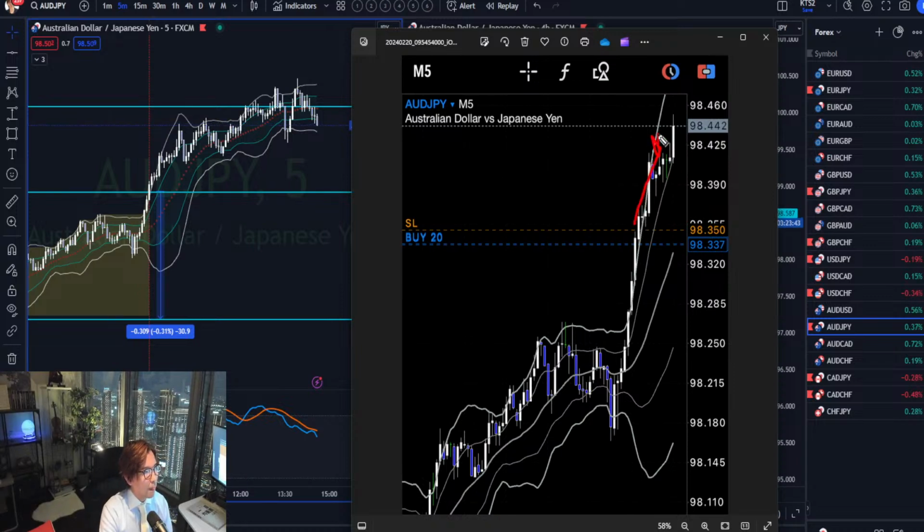So I moved the stop losses above my buy positions. So again, 98.337 is exactly when I took the entry buy. And as I monitored the chart and the market ran towards my direction, I moved the stop losses, SLs, manually above the buy positions. And this is one of my core strategies.